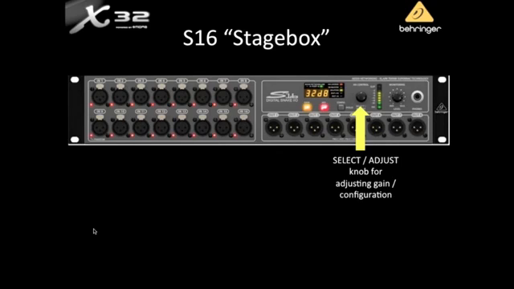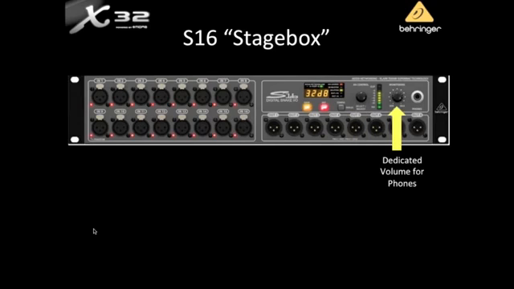It's also for setting the different configurations that the S16 can operate in, because there are a number of different configurations you might get in: one S16, 2 S16s, maybe using the S16 on its own and going directly to a recording rig, whatever you happen to be doing. That's all done through that selector knob.